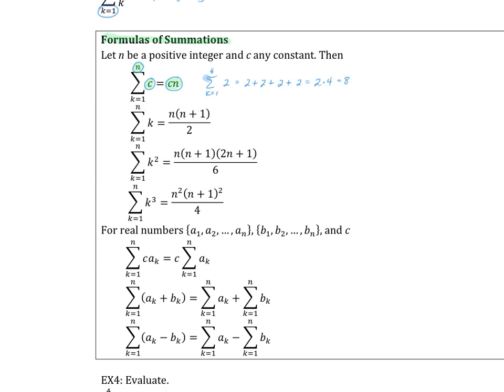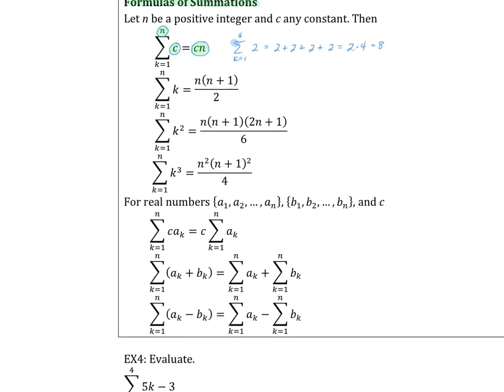The next formula is the one that we had previously looked at. It says that if the summation is just k, then whatever n you're going to, you don't actually have to expand it all out and add it. You could just use this formula that says it's n times n plus 1 over 2. So let's verify with our previous example.